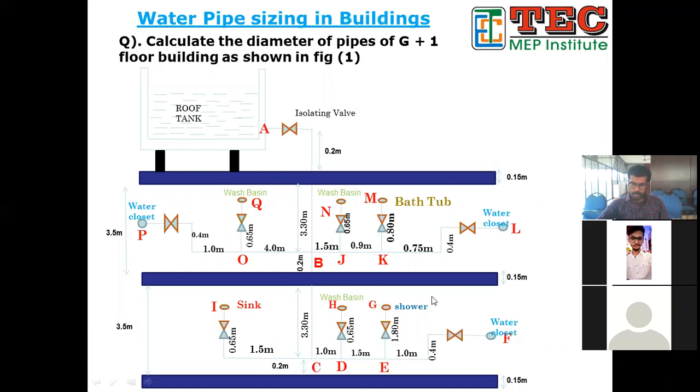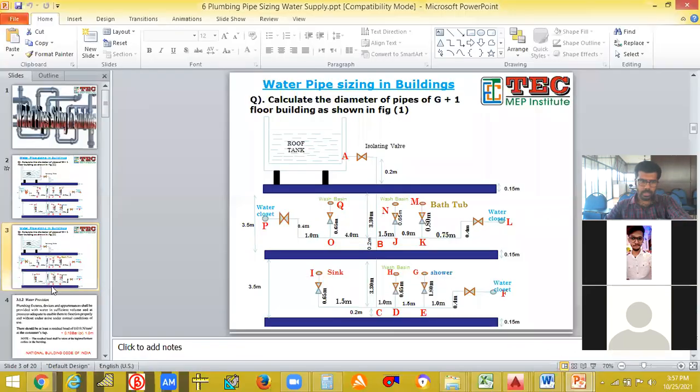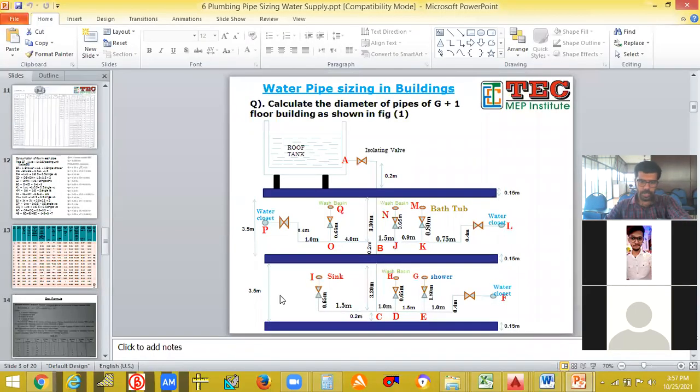So 3.3 plus 0.15 is 3.45, plus 0.2, 3.65. So the drop is positive, from D to C. Coming down, it is positive. So 3.65.